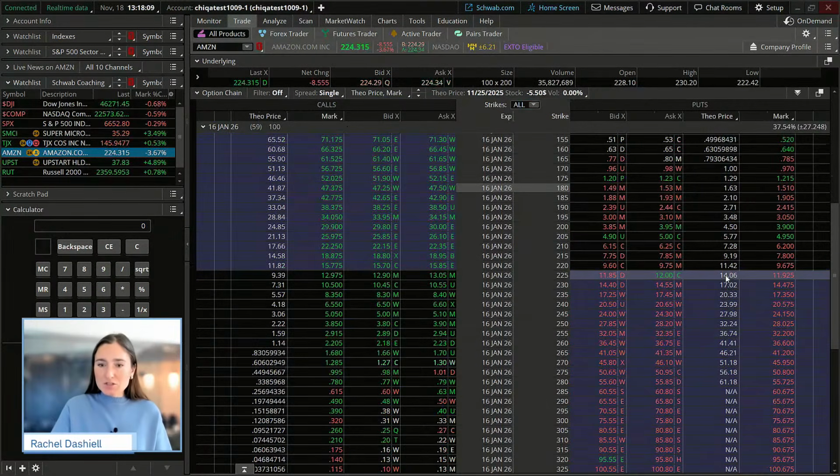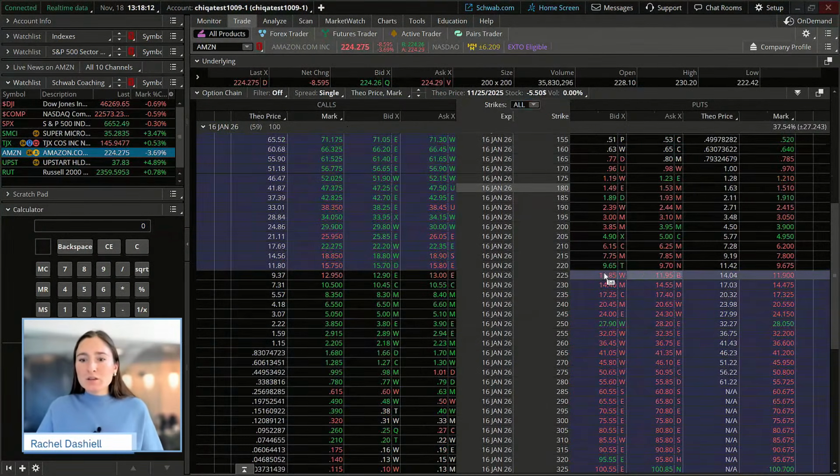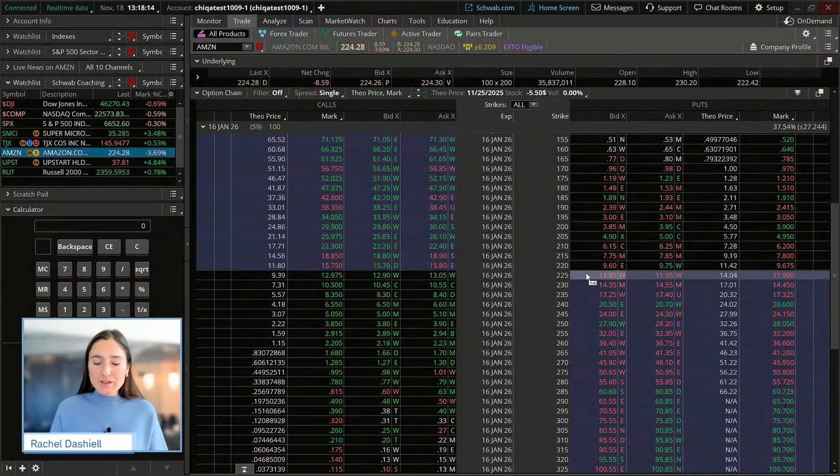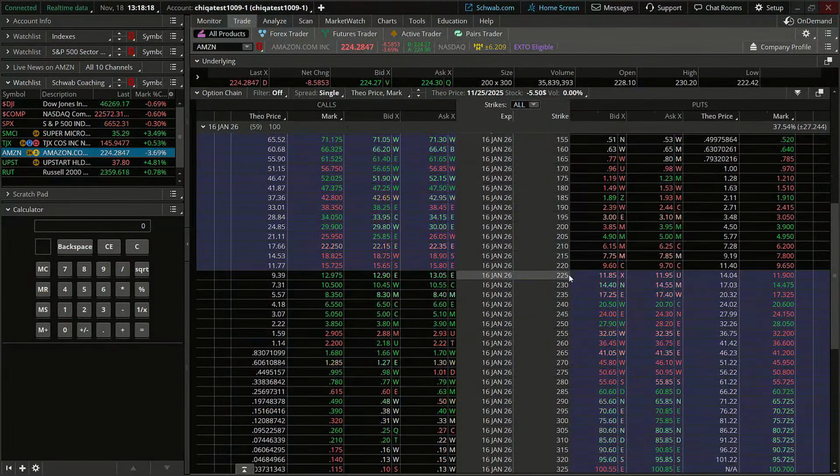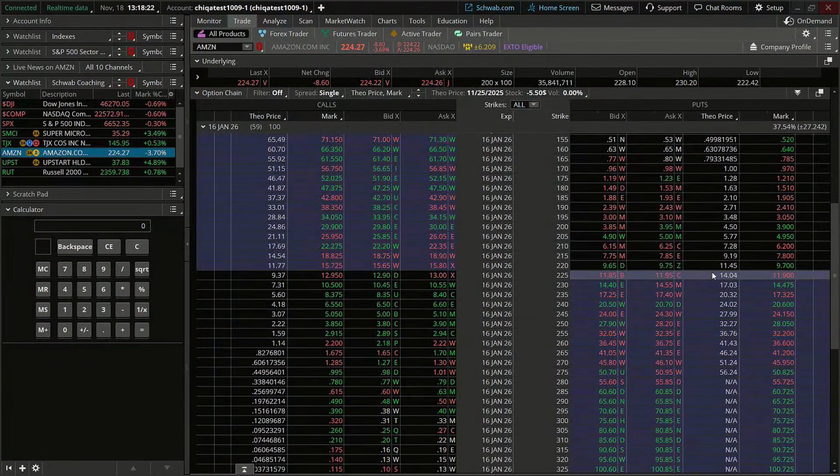And you'll notice too, because when we looked at the Greeks before, which are not shown here right now, our at the money option right around that 225 is going to have the delta that's closest to 50. And so with each dollar move to the downside, that option's going to move to the upside roughly 50 cents.